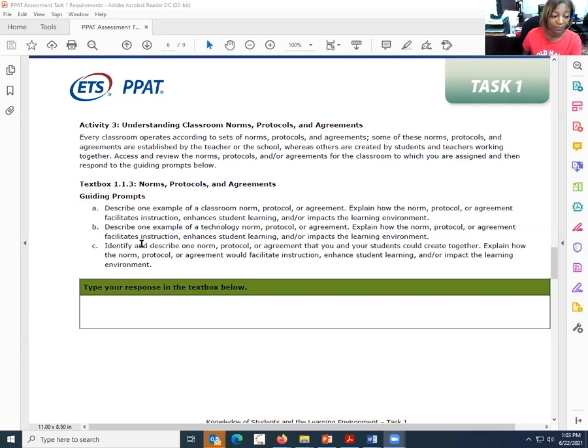C, identify and describe one norm, protocol, or agreement that you and your students could create together. Explain how the norm, the protocol, or the agreement will facilitate instruction, enhance student learning, and or impact the learning environment.